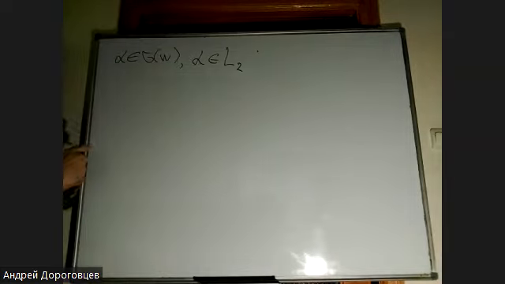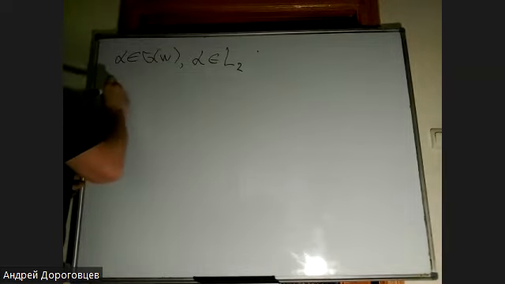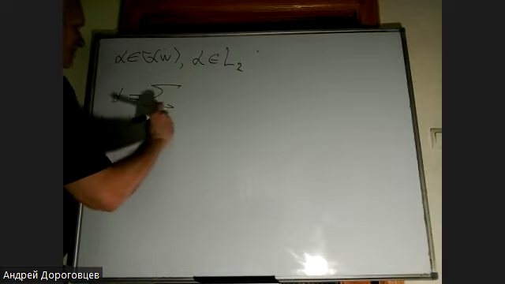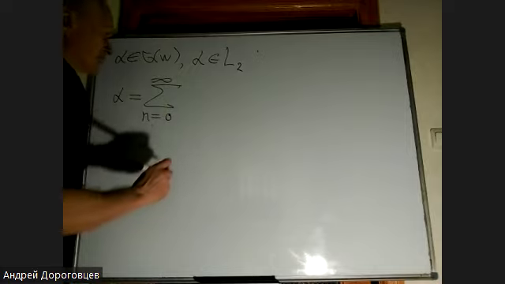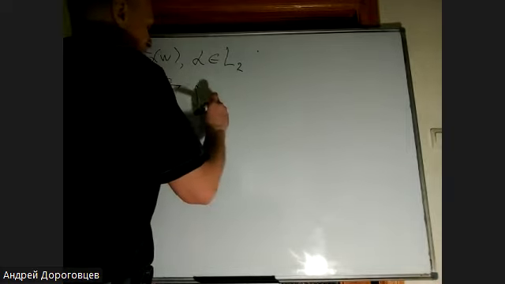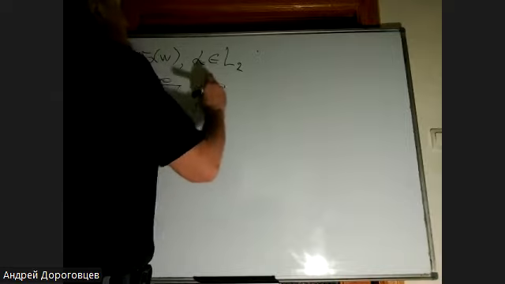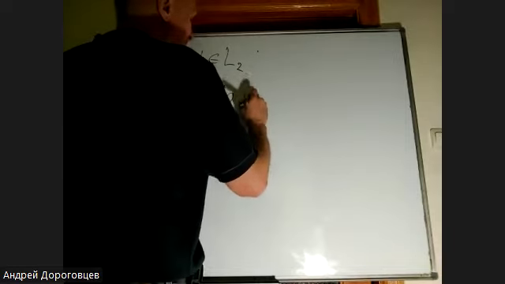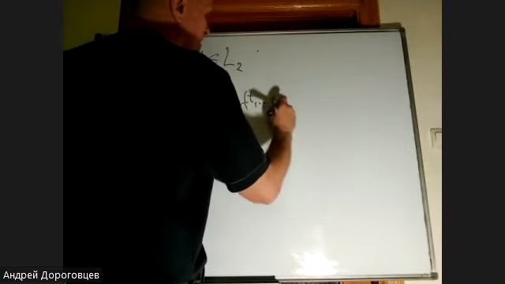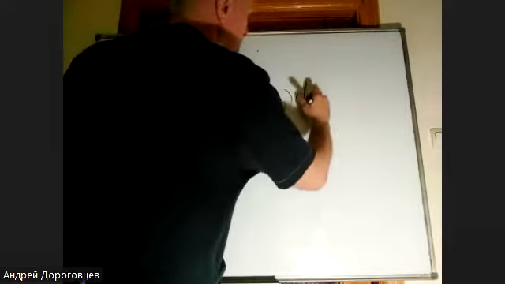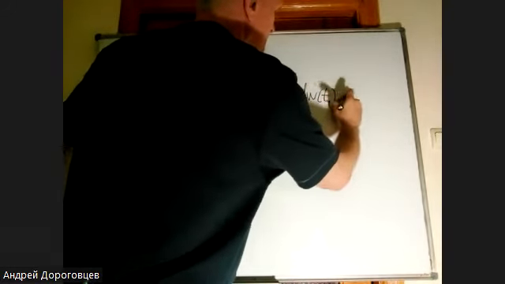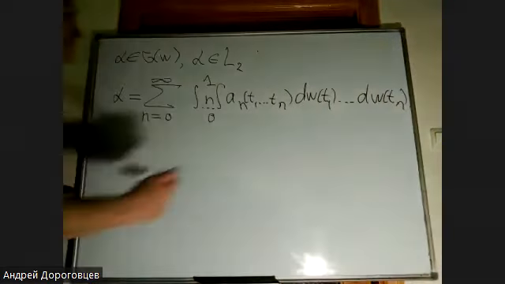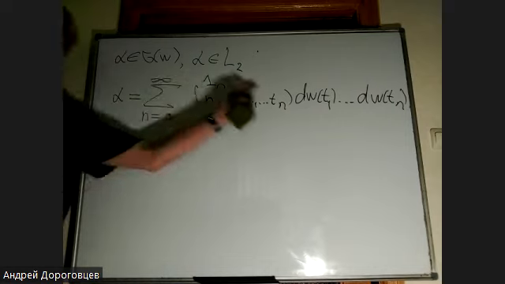And now we have the representation of alpha as a sum from n equals 0 to infinity, and here we have those multiple integrals with respect to the Wiener process which we defined already, from the symmetric kernels a n of t1, ..., tn, dw t1, ..., dw tn, and these kernels are symmetric and square integrable.